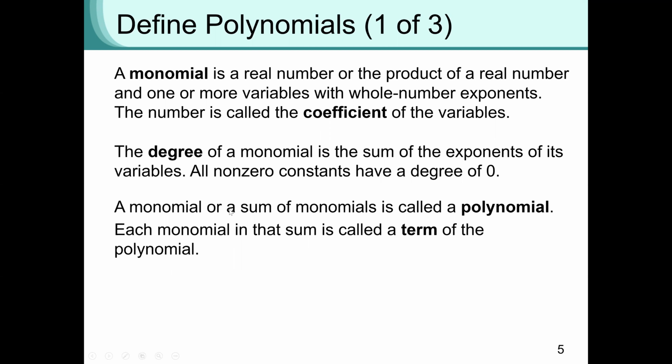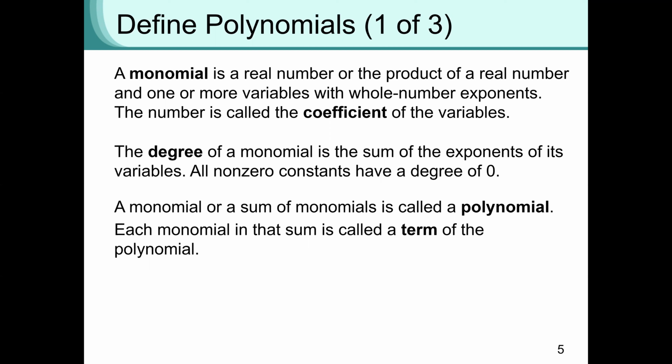So a monomial or a sum of monomials is called a polynomial. Each monomial in that sum is called a term of the polynomial. As we said earlier, mono means 1. So if I have 3x squared plus 2x, 3x squared is a monomial, 2x is a monomial.